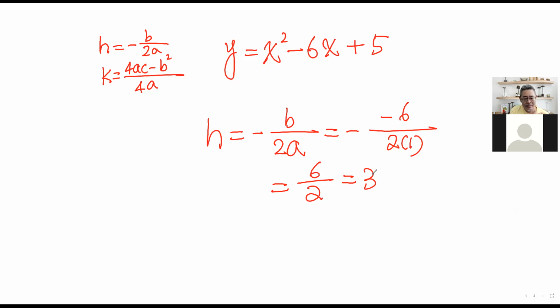Why did you change it to a positive? Well, B is a negative number, so negative, negative is positive. Oh, okay. So if there's already a negative before it, it cancels it to positive.